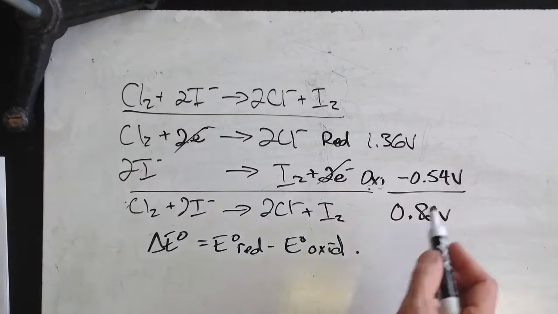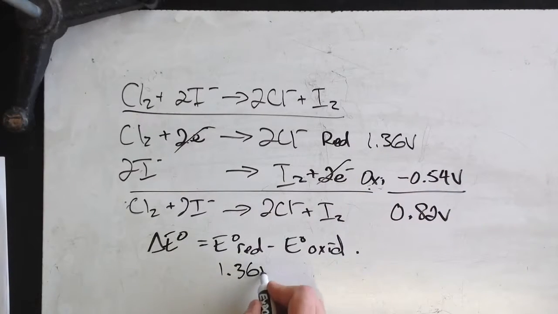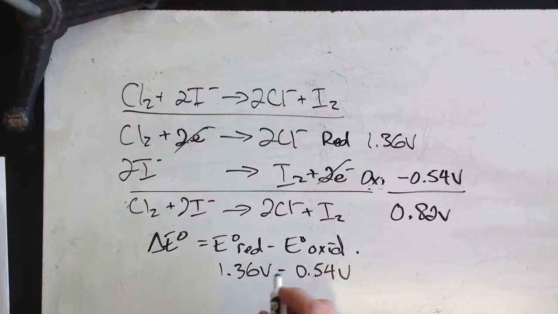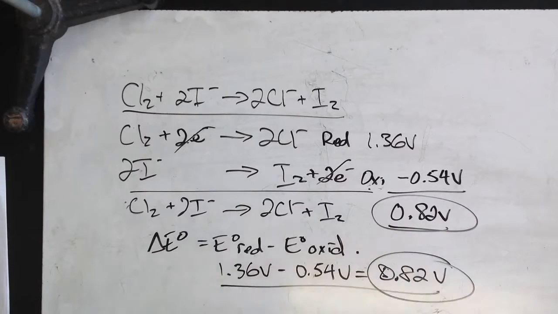If you're using this then, in this case, you wouldn't reverse this. You would just go 1.36 volts minus 0.54, because that's how it shows up directly on the chart of half cell reductions, but it still gives you 0.82 volts. So you still get the same answer.